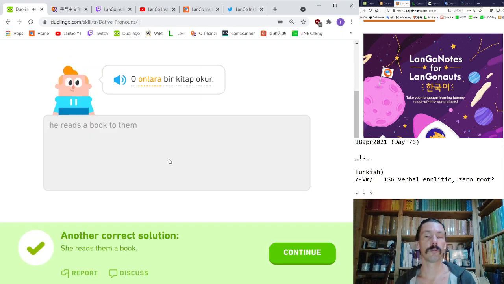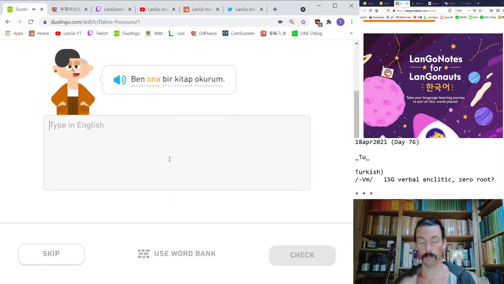Ben ona bir kitap okurum. Ben ona, I to him or her. Ona is just undifferentiated for gender in the third person. I read a book to her.